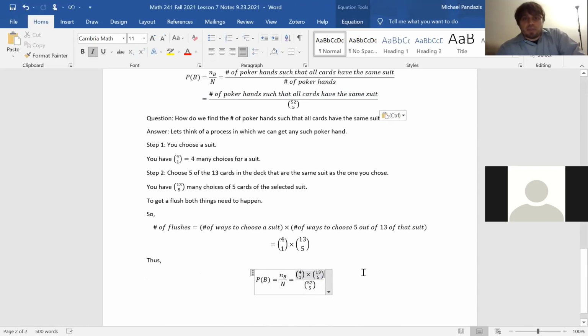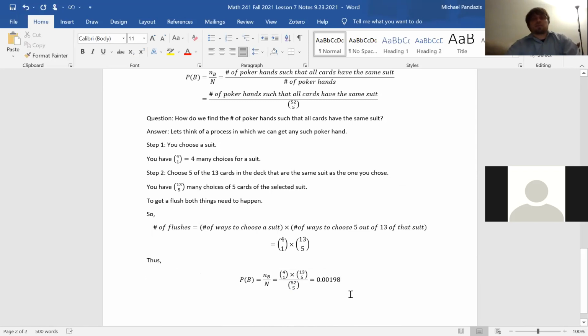Now we found that number. You calculate each combination, plug them in, multiply, divide, and you get 0.00198. To 5 decimal places, that's the probability of getting a flush, or all cards of the same suit. Any questions about this?